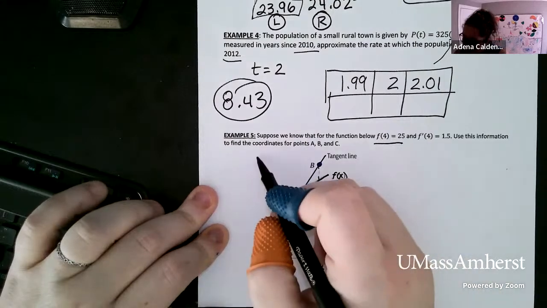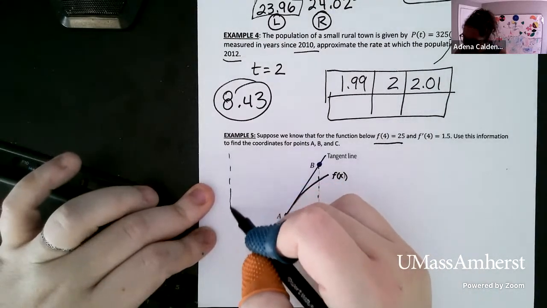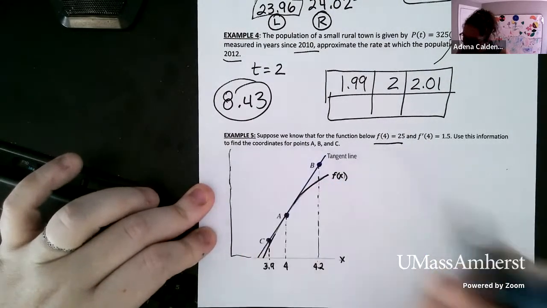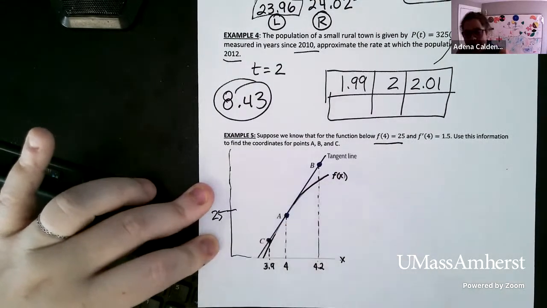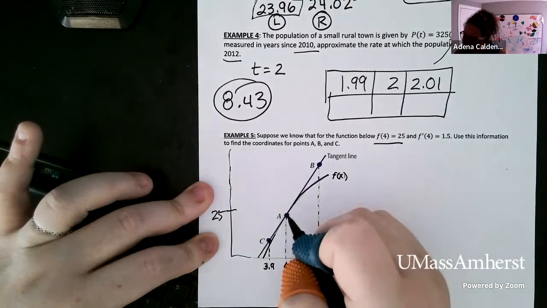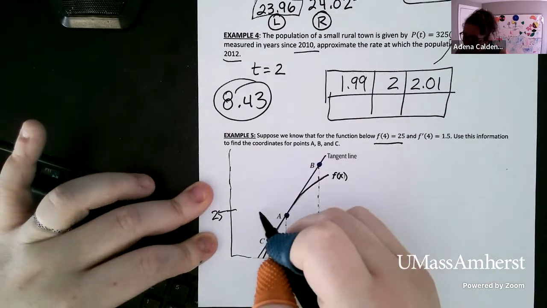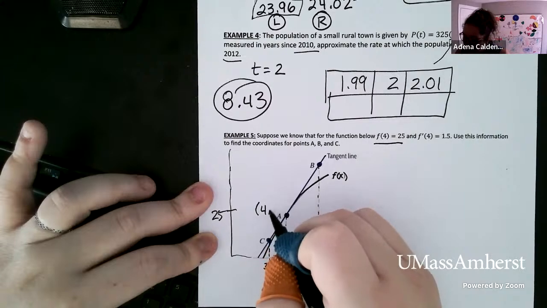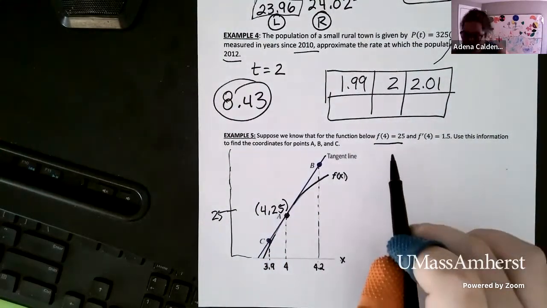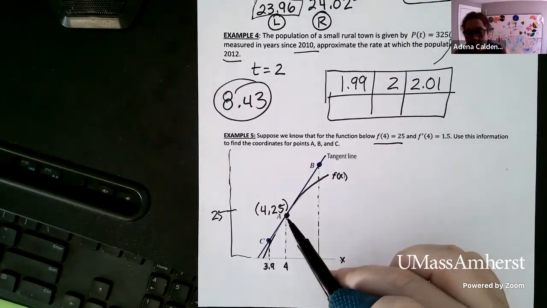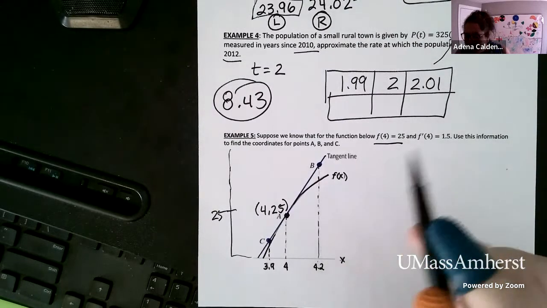So you notice that we don't actually have the axis here, like we normally would. So we just have to imagine what that axis would look like. So what this is telling us is the coordinates for the point A. When x equals 4, y equals 25. That's what this piece of information is right here. It's the literal coordinates of the first thing we're looking for.